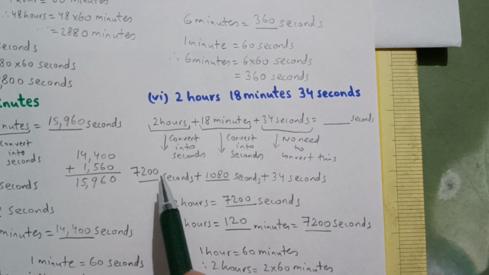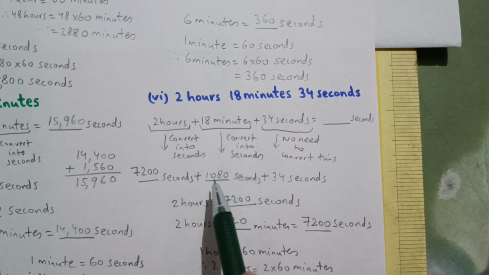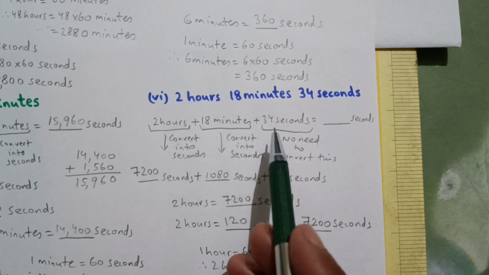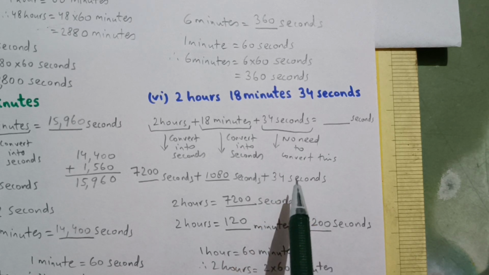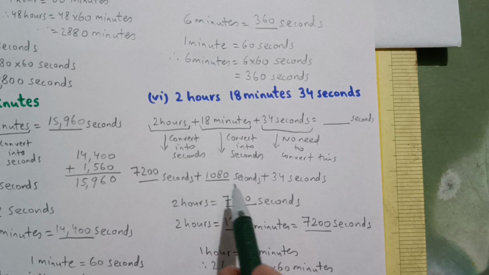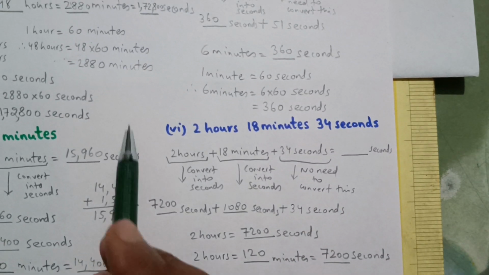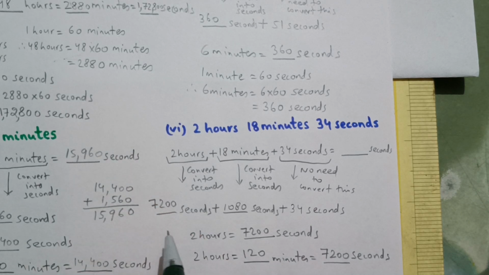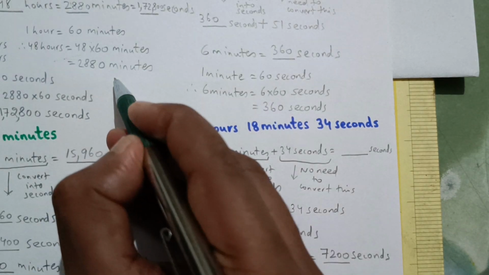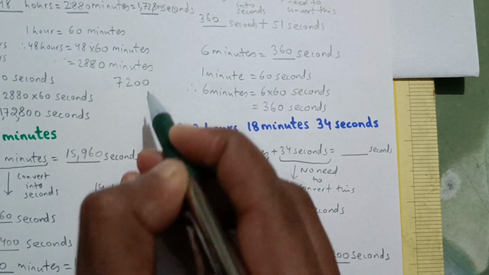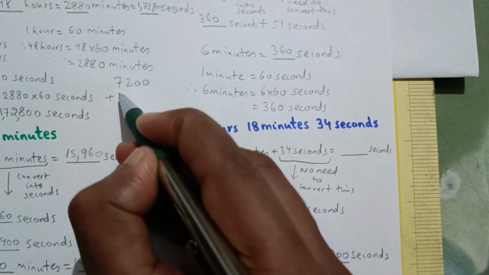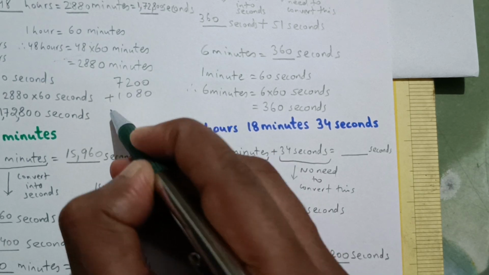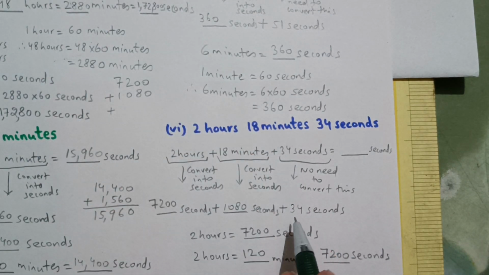2 hours is 7200 seconds, 18 minutes is 1080 seconds, and 34 seconds is 34 seconds. No need to convert this because this is already in seconds. And now if we add all of them, we will get the total number of seconds. So let us do the addition over here in this free space. 7200 plus 1080 plus 34.